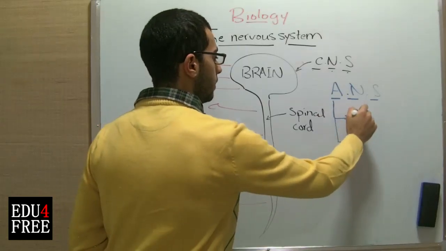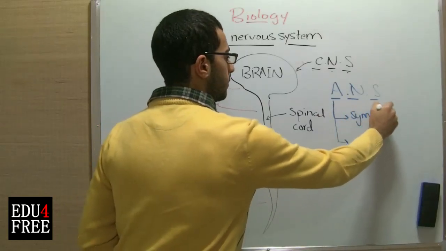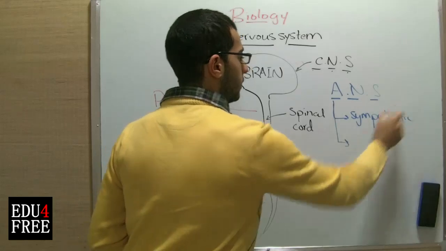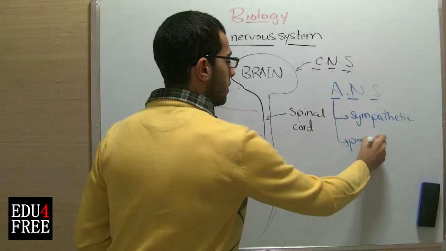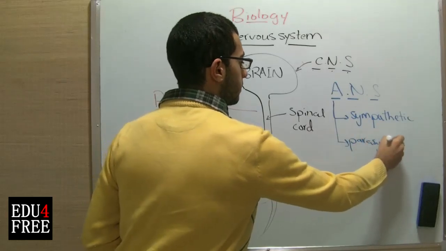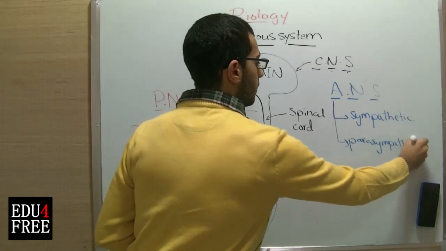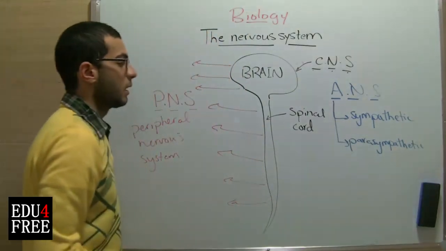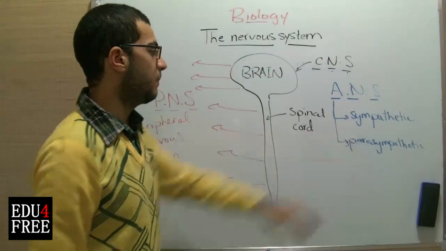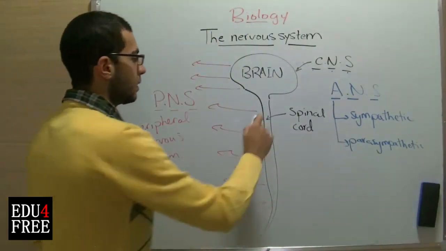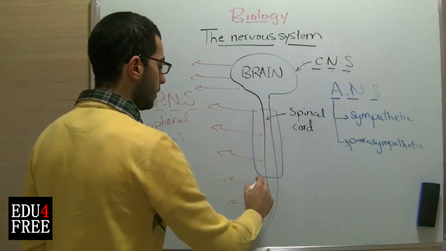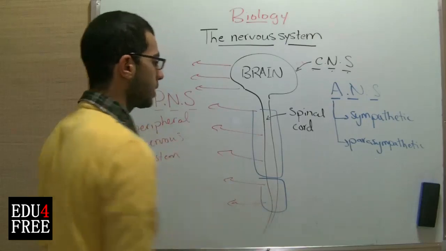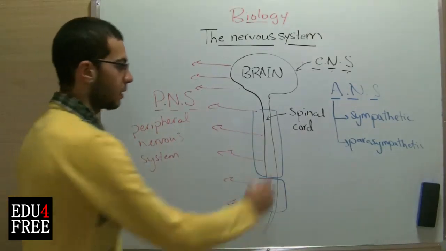The sympathetic nervous system and the parasympathetic nervous system. The sympathetic nervous system comes from the thoracic and lumbar region of the spinal cord.